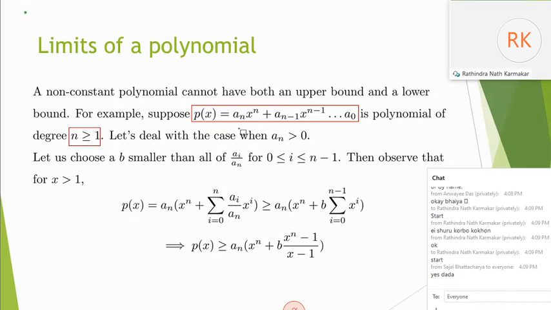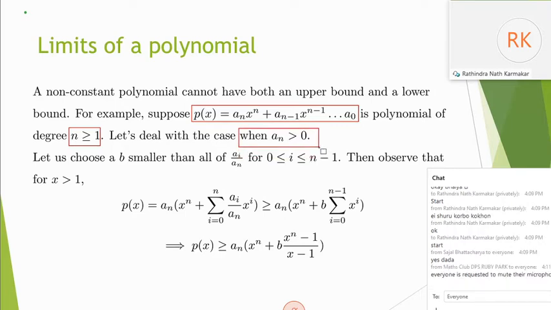We will deal with the case where the leading coefficient is positive. The negative leading coefficient case is similar, just you have to consider minus of p of x to do that. So the first step is to choose a real number b which is smaller than all of a_i by a_n for 0 less than or equal to i less than or equal to n minus 1.